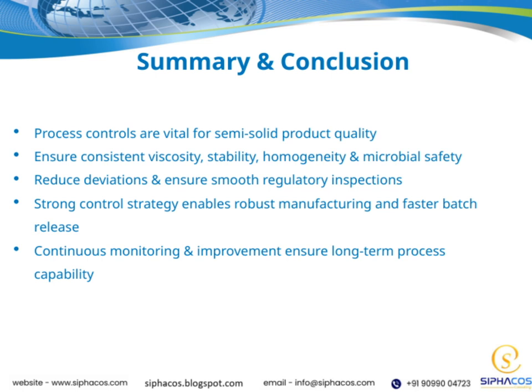And of course, ongoing monitoring and continuous improvement are fundamental for maintaining long-term process capability. They allow us to adapt, optimize, and ensure that our processes stay reliable and compliant over time. In summary, effective process controls are at the heart of delivering high-quality semi-solid products, supporting compliance, efficiency, and long-term success.